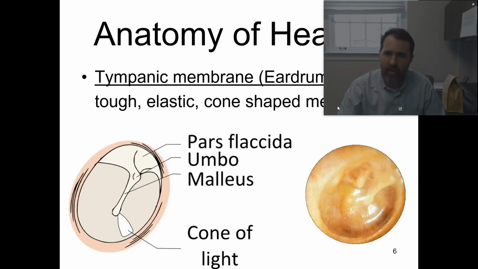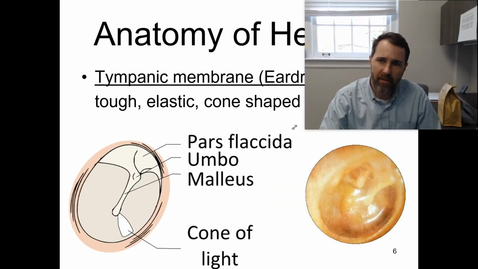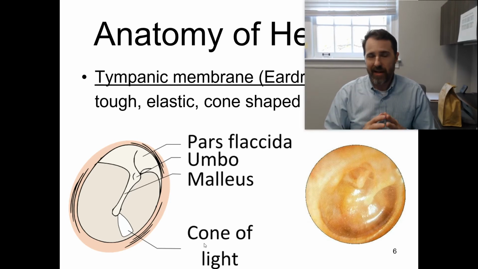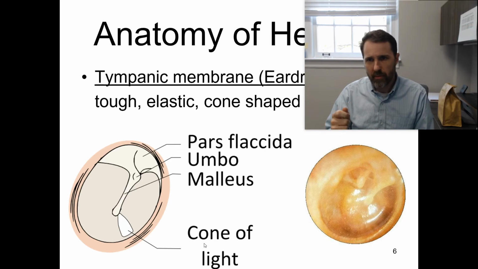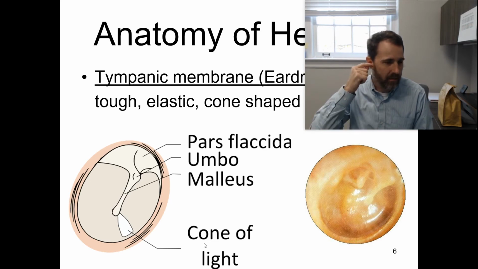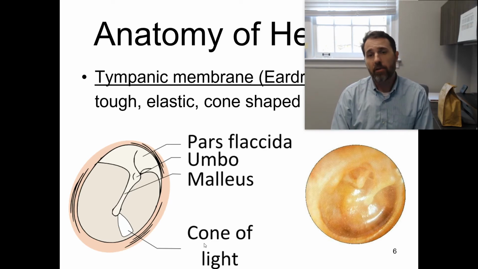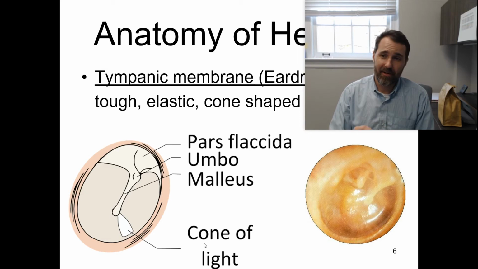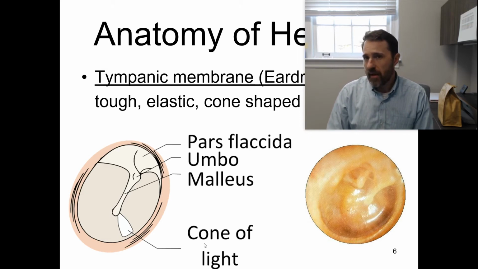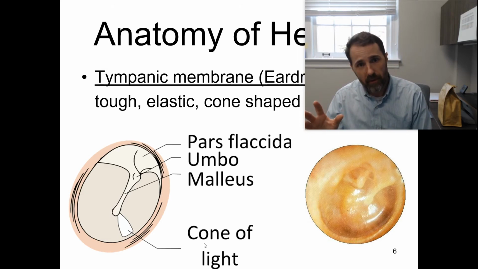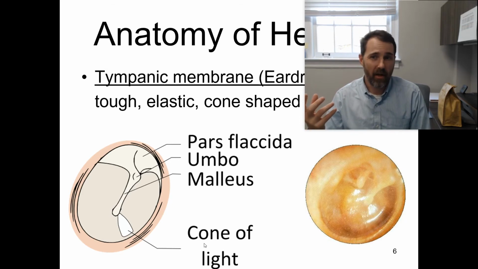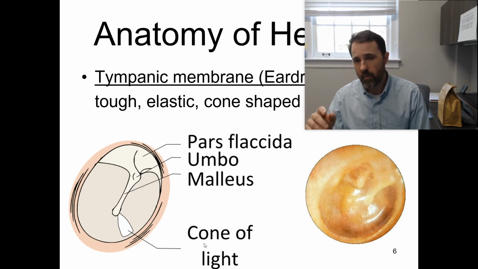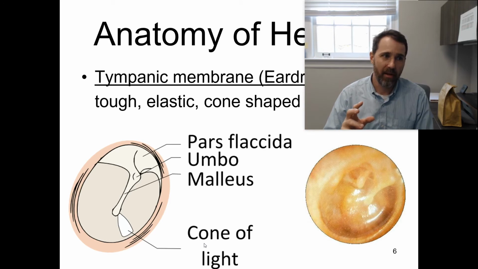And really the only thing I want you to carry with you about the tympanic membrane is, as a speech therapist, if I take an otoscope, which is that little light thing that doctors use to look in your ear, if I'm looking in a child's ear or an adult's ear, I don't know too much about what I'm looking at because I'm not an audiologist, I'm not a medical doctor. When I'm looking in the ear, I'm not looking for that many things.